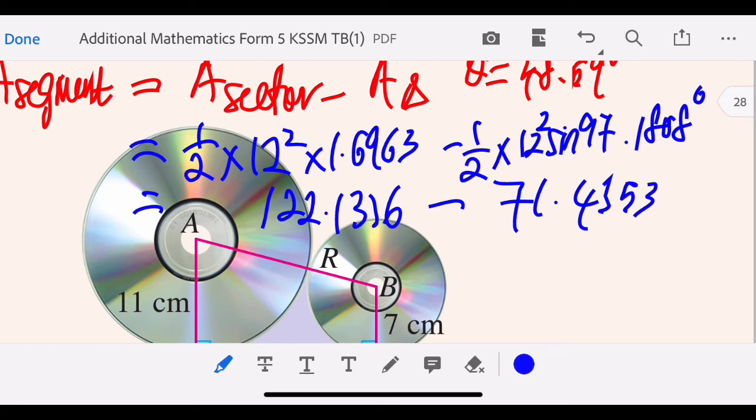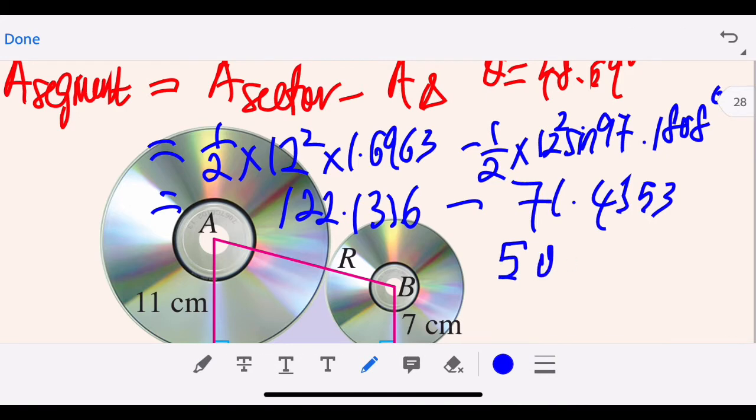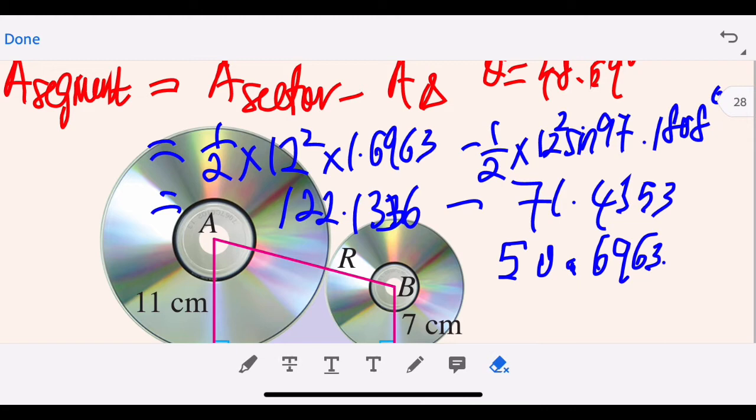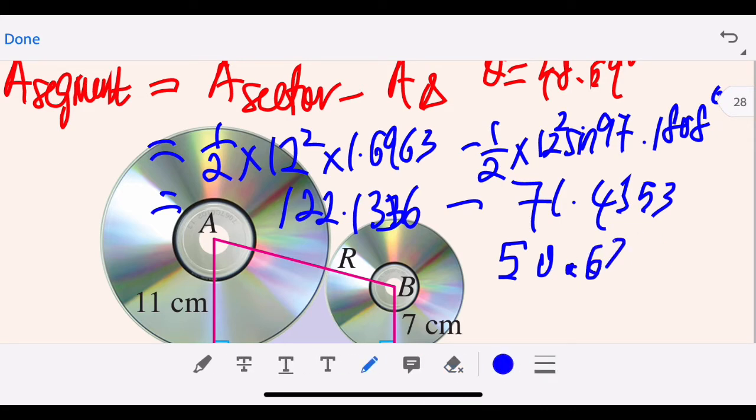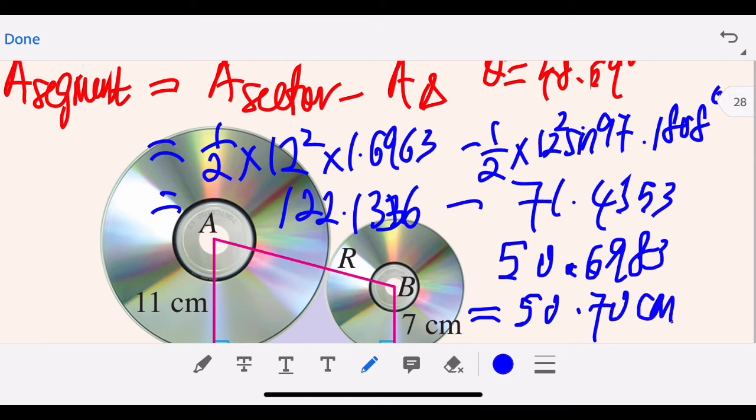The answer is 50.6983. So if you round off, you should get around 50.70 centimeters squared.